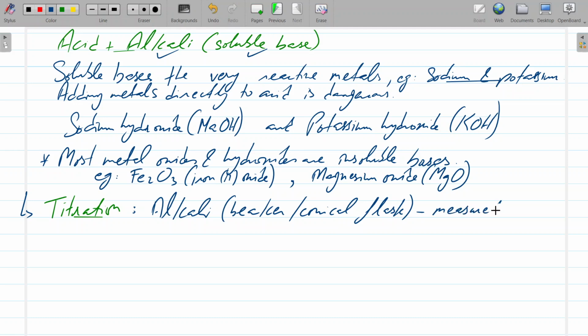So it's not just, oh, pour it in like you're having a glass of water. It's a measured volume of an alkali. And then you fill an instrument called a burette with the acid. Oh, and you also add an indicator solution to the alkali.